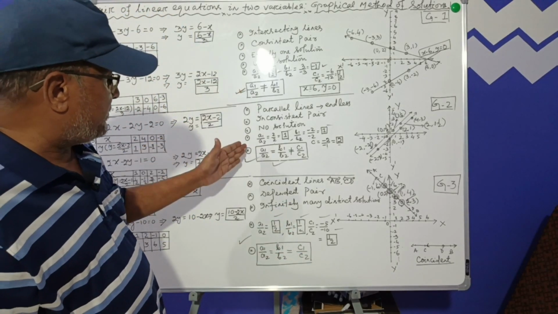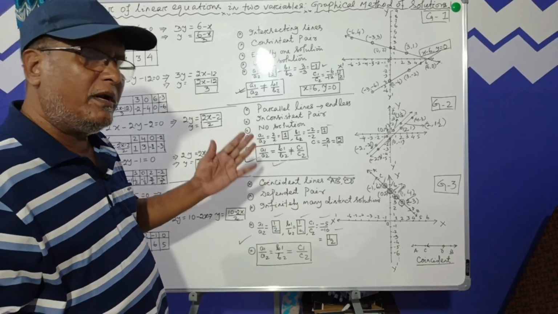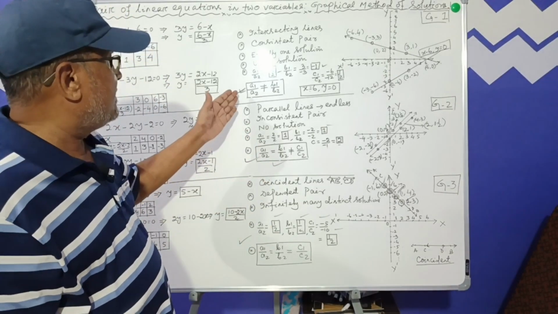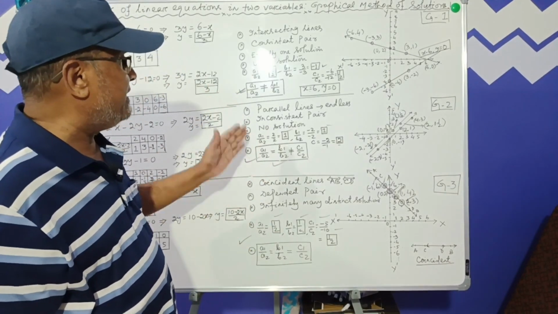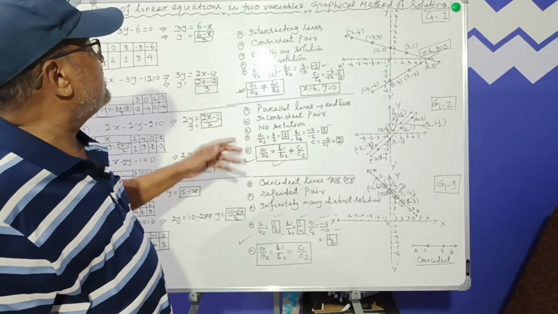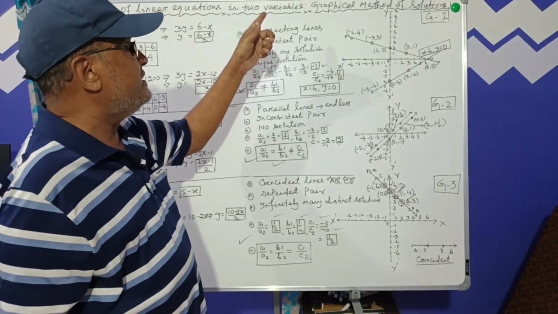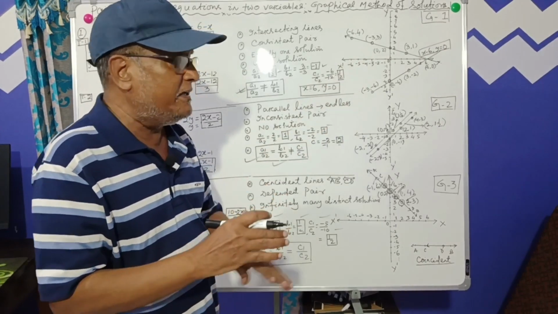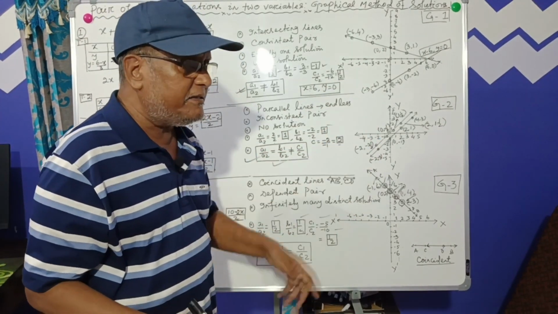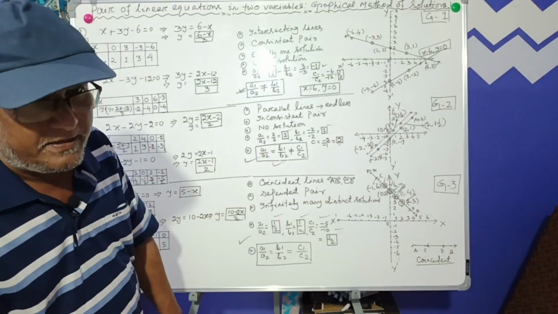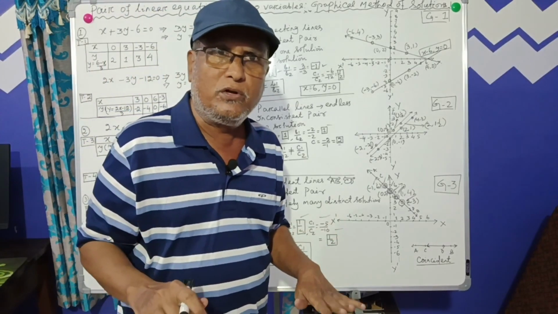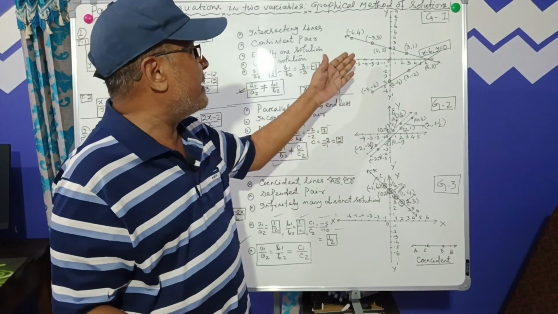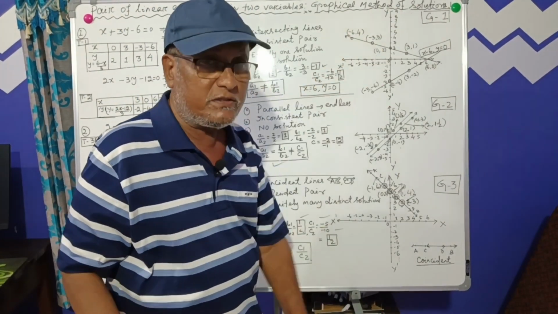So these are the formulae that we derived from a pair of linear equations in two variables. In the first case intersecting, second case parallel, third case dependent pair, coincident. Hope you have understood the basic concept of the graphical method of solutions.